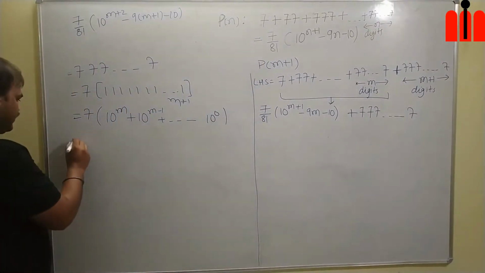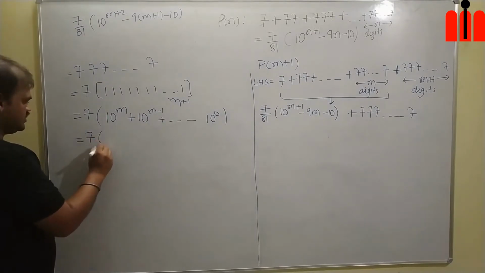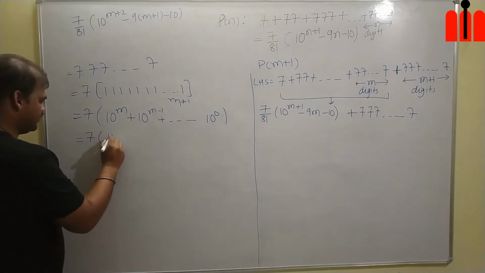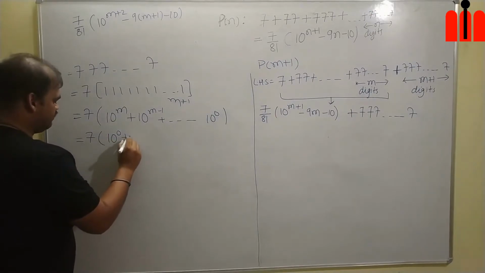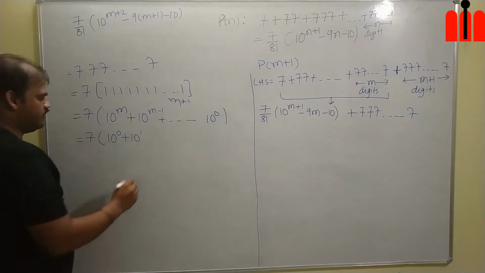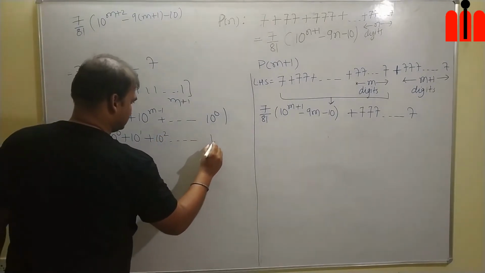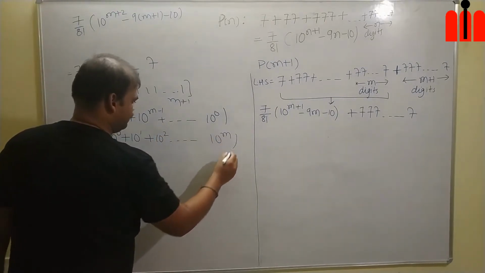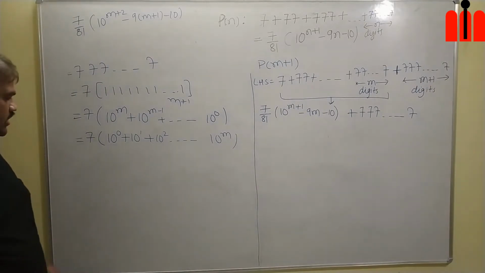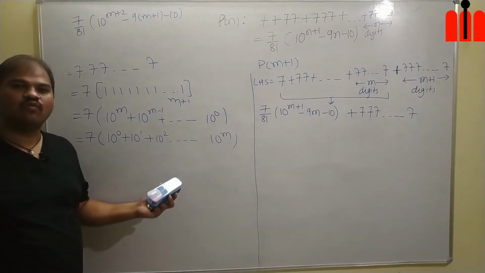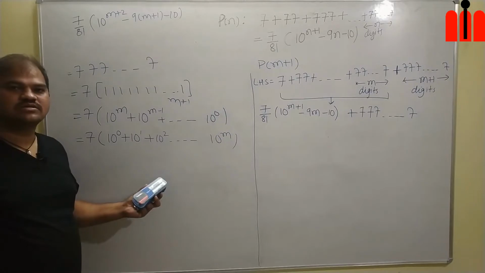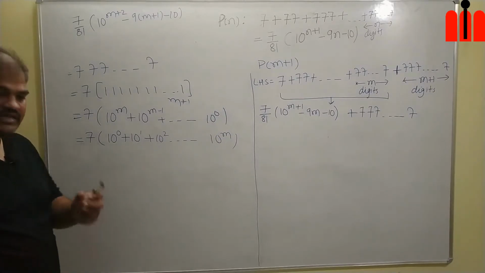Now just write it in reverse order. It will be 10 to the power of 0 plus 10 to the power of 1 plus 10 to the power of 2, like that up to 10 to the power of m. This is a geometric series.